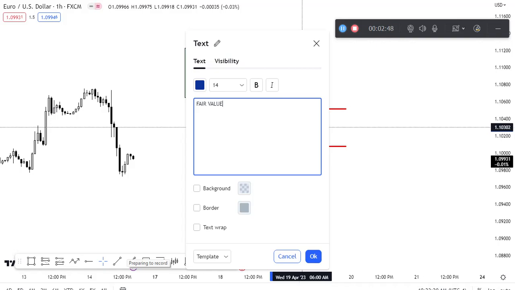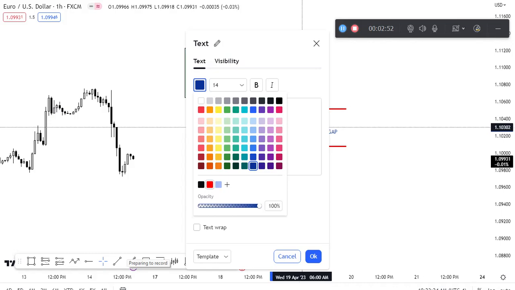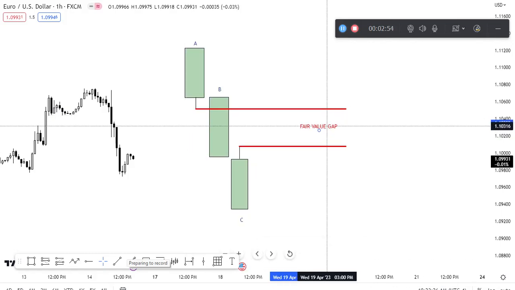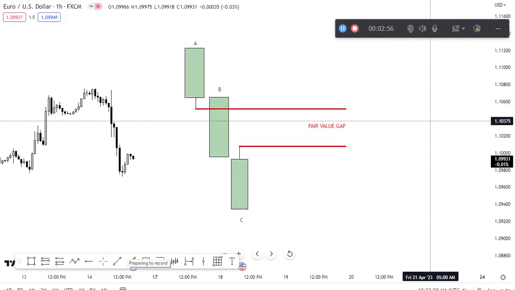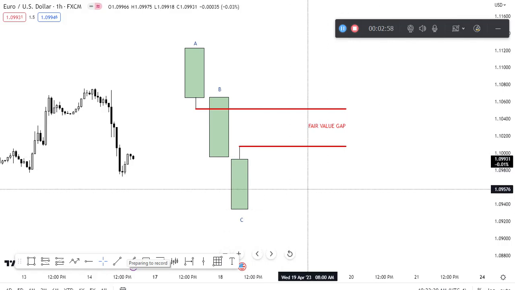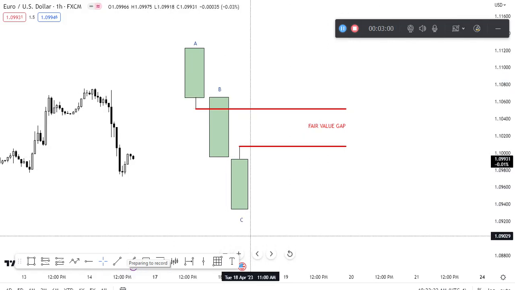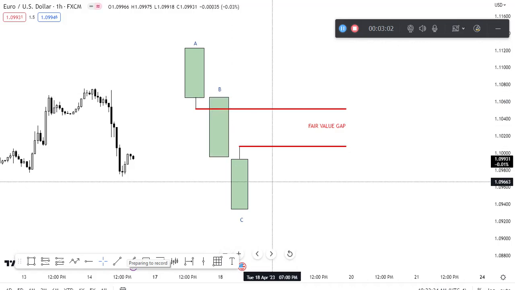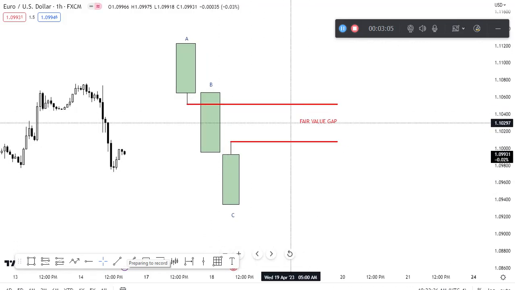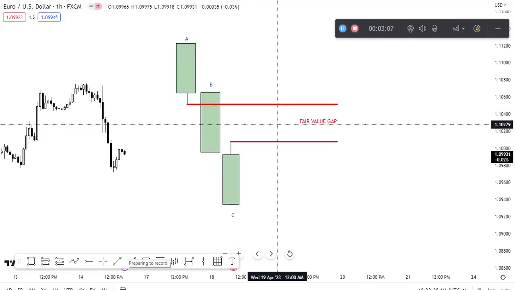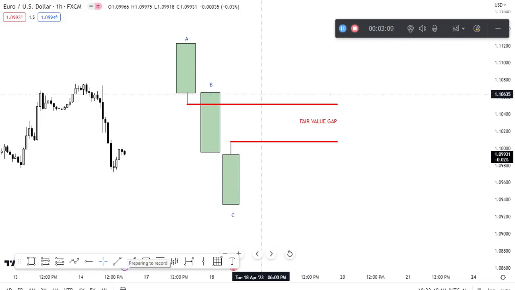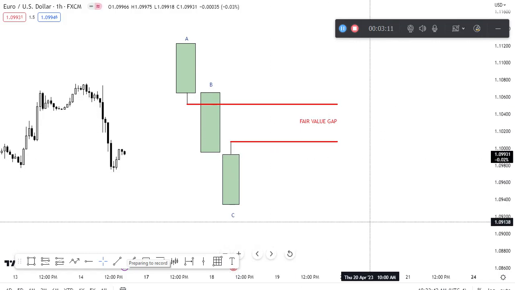We call this the zone of the fair value gap. If we're bearish and price creates this pattern right here, we regard this as insufficiency. Price tends to revisit these key zones to rebalance and then form a continuation.